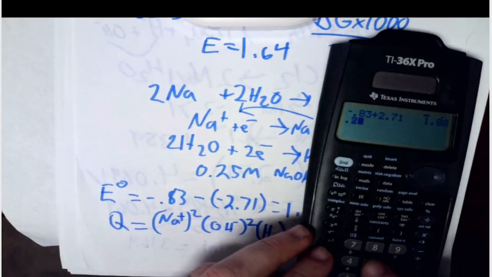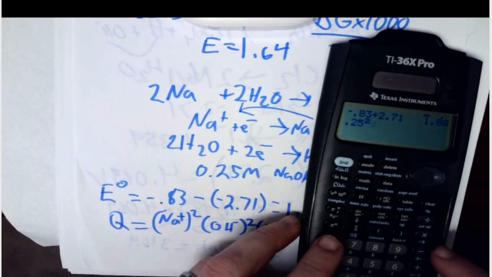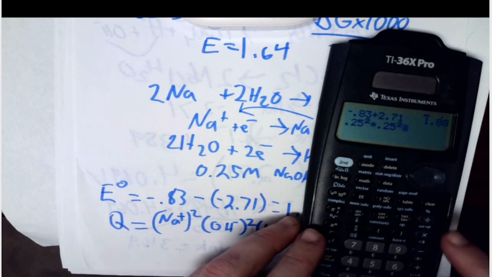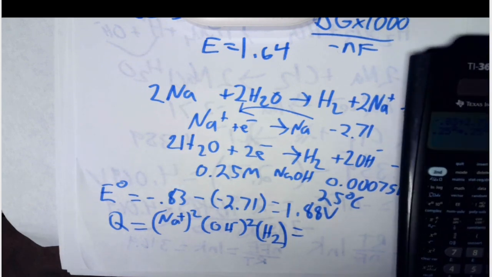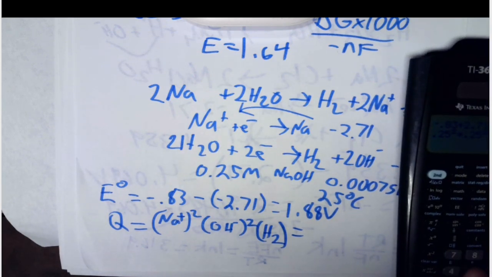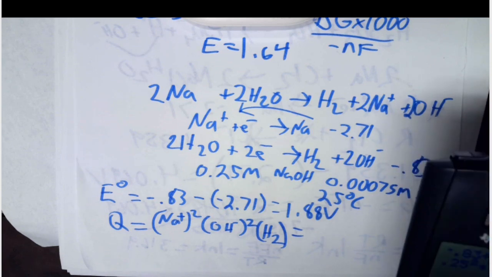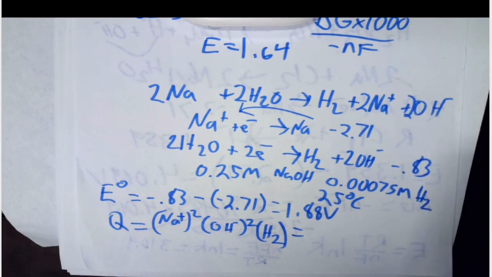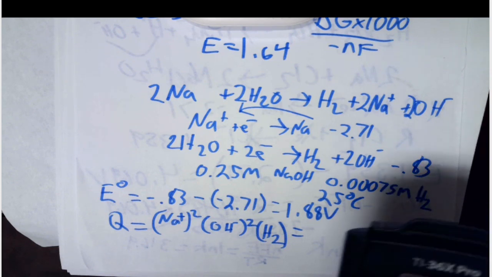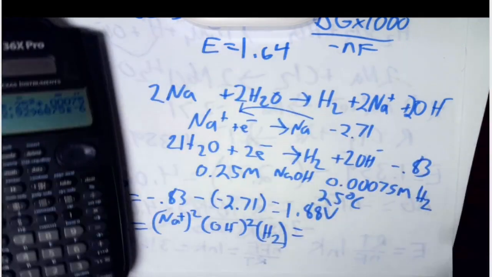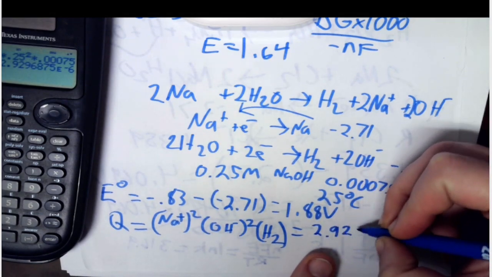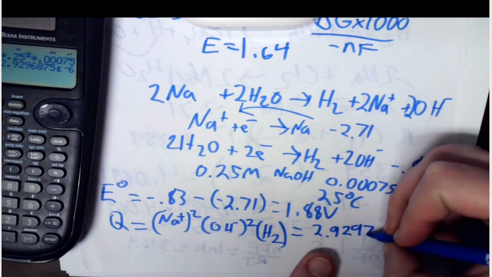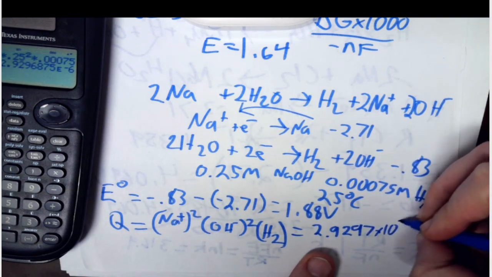So 0.25 squared times 0.25 squared times 0.00075. Let's turn that into scientific notation just so I can read that. And so that gives a Q that's rather small, let's say 9.7 times 10 to the negative 6.